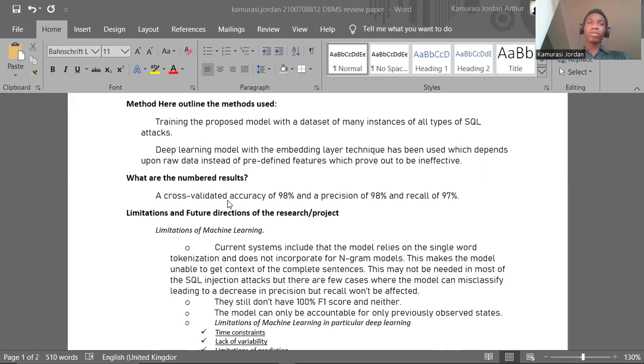So deep learning, this author introduced a deep learning model with embedding layer technique, which depends on raw data instead of predefined features, which proved out to be ineffective.